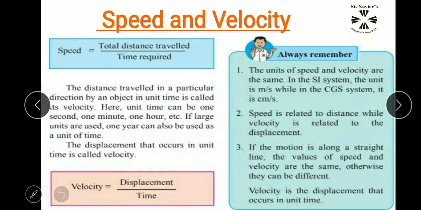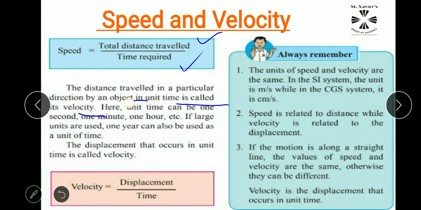Let's understand speed and velocity in a better way. When we are talking about speed, speed is distance traveled upon time required. The distance traveled in a particular direction by an object in unit time is called its velocity, students.